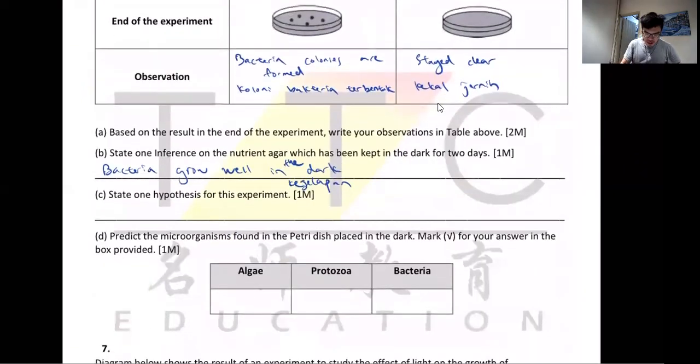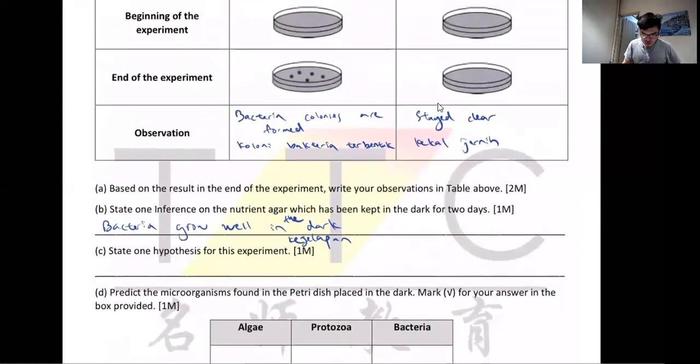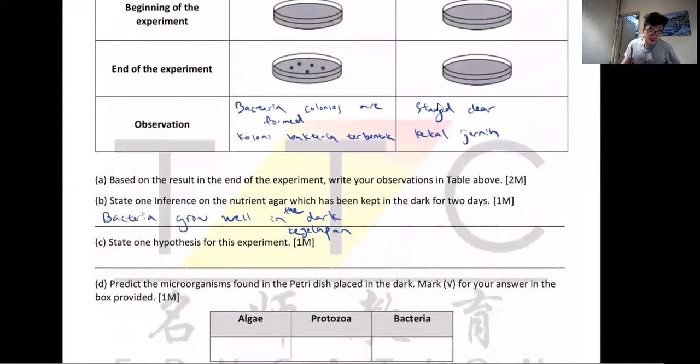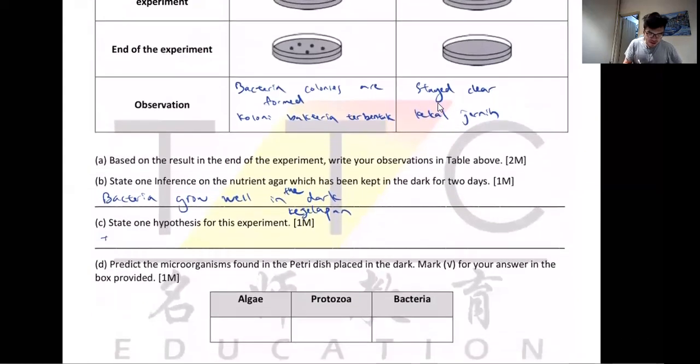All right, so C, state one hypothesis for this experiment. This one you can write more. The higher the light intensity, or if you don't want to say light intensity, you can say the more light there is.